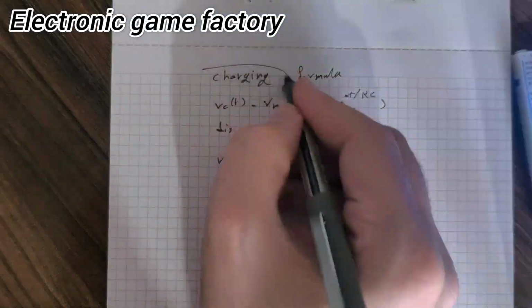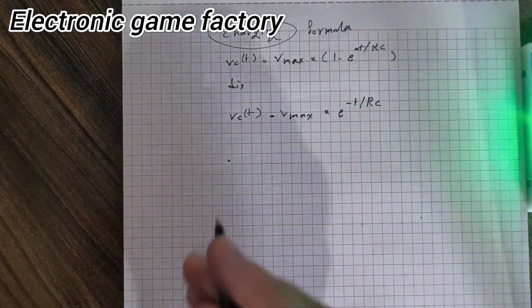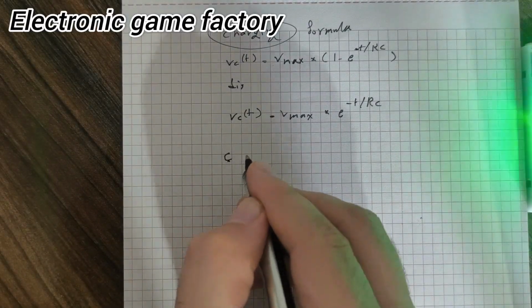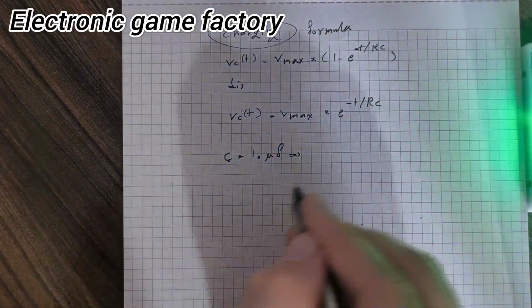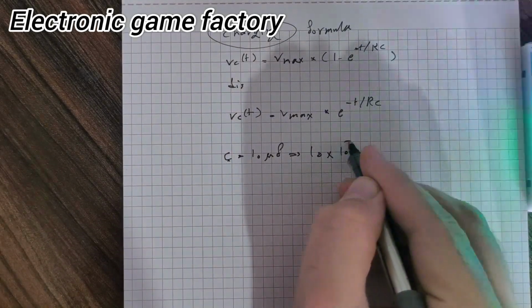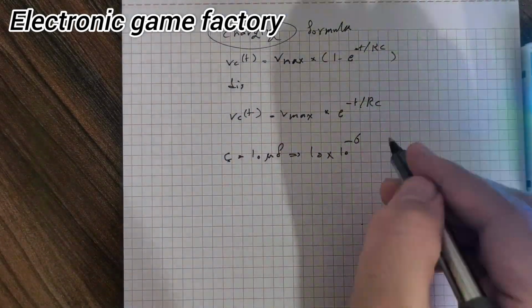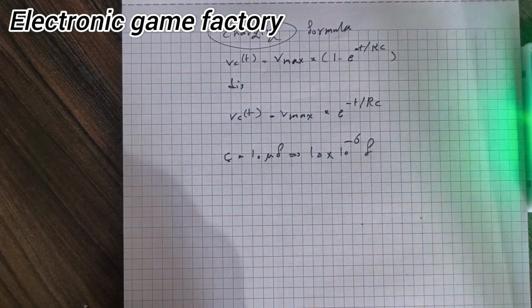Now is the time to calculate the charging time. For example, our capacitor is 10 microfarad, so it is equal to 10 times 10 to the power of minus 6 farad.